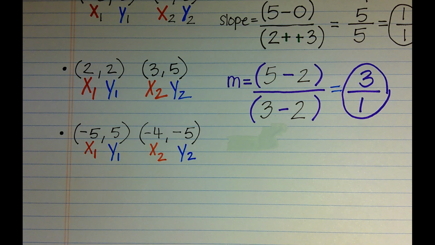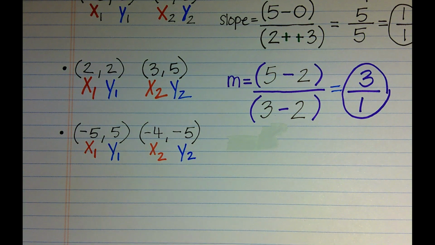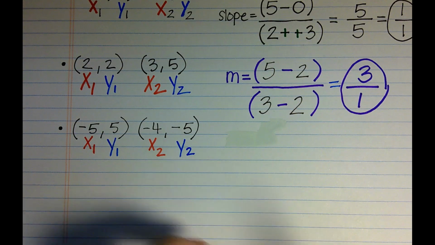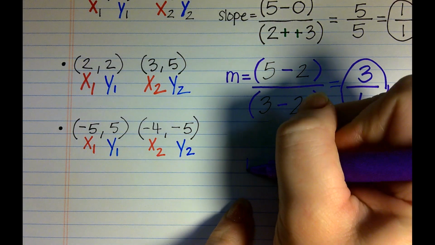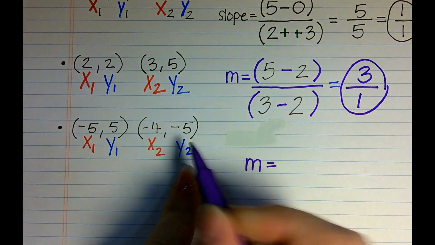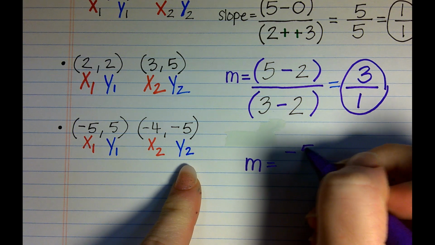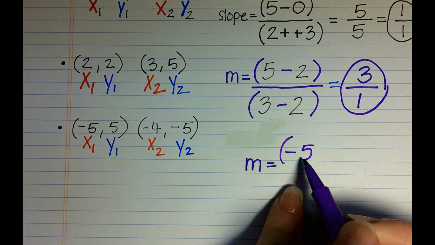What should I do next? Go to the y2, which is -5. Yes, it is -5. That's okay. So y2 is -5 over x2, which is -4.